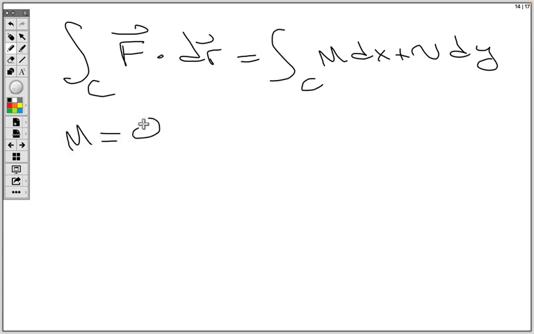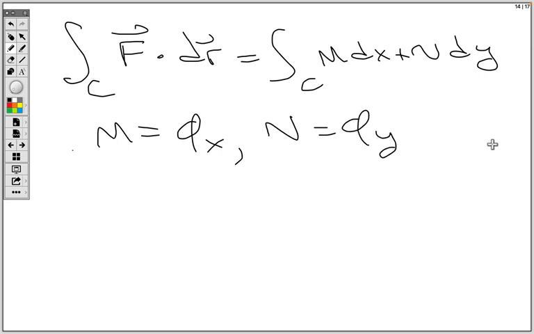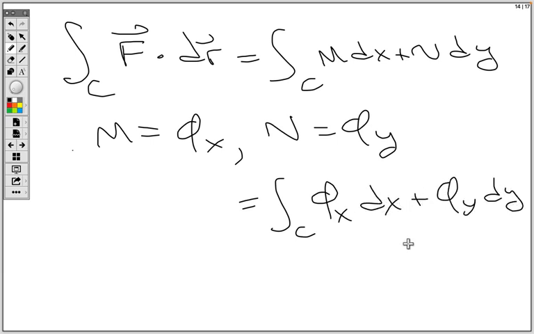If we had a function where m is phi x and n is phi y, then this integral phi x dx plus phi y dy is just integrating d phi, and you get the change in phi. Okay? Phi was called the potential function. And then we could measure the work or circulation by looking at the change in potential. That's your fundamental theorem of line integrals. All right? Well, let's look at flux.